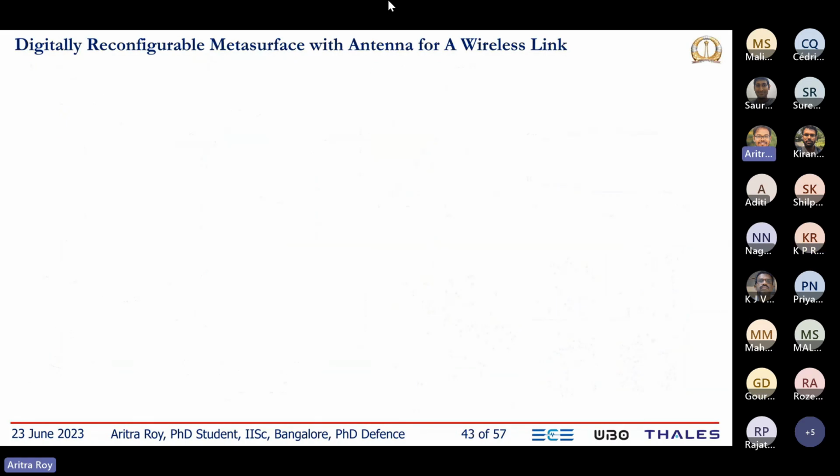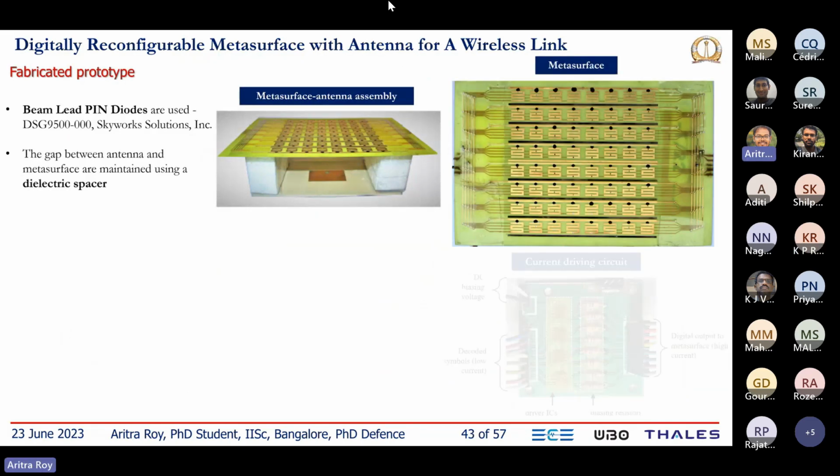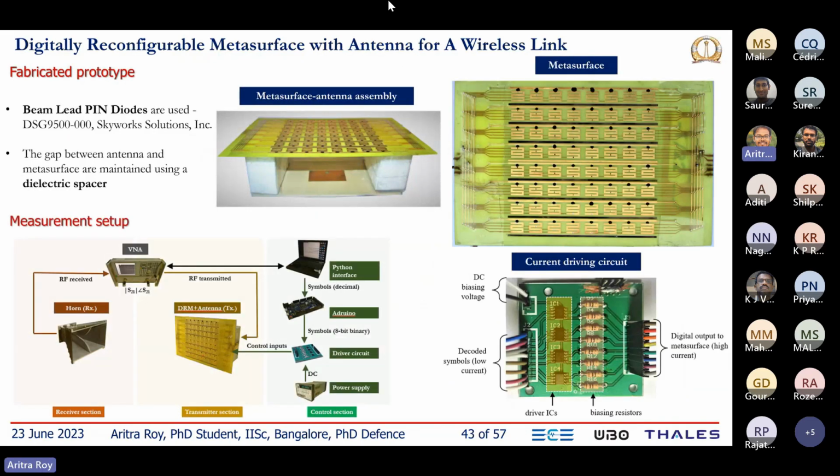Once this simulation study was done, we fabricated the geometry. Here is the current driver circuit. The current driver circuit drives the high current, which is required to turn on the diodes. Then we set up a complete experimental setup in which we wrote a Python interface which generates the symbol.